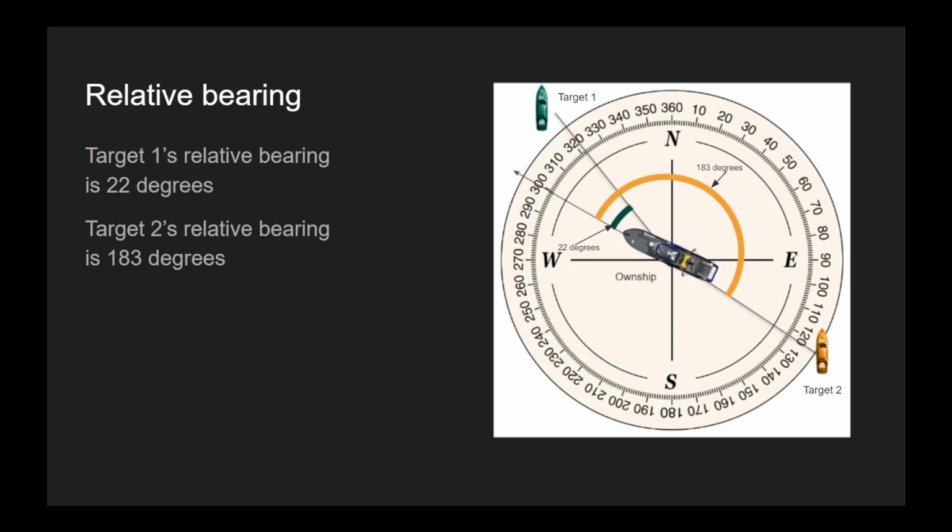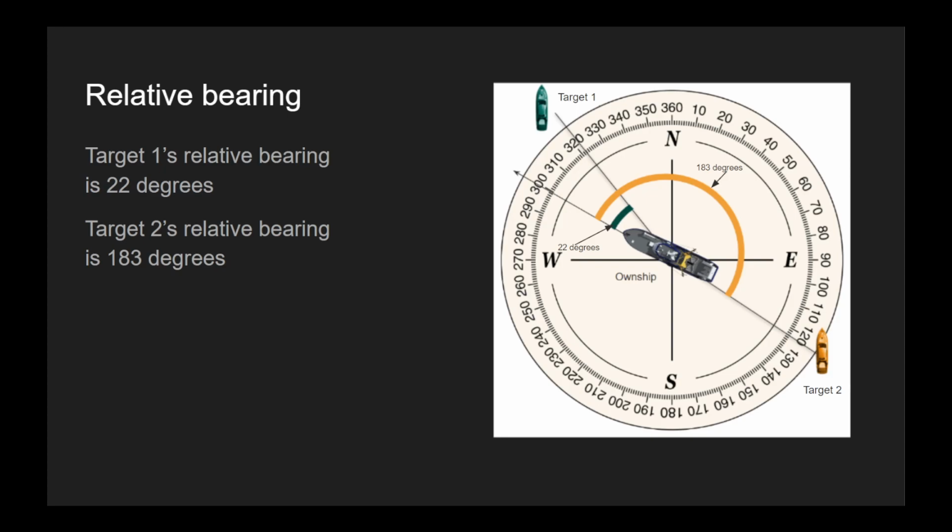In this scenario, the own ship heading is 300 degrees and target 1's relative bearing is thus 22 degrees. Target 2's relative bearing is 183 degrees. Since relative bearing tells us the target direction relative to own ship's heading, we use relative bearing in our study.